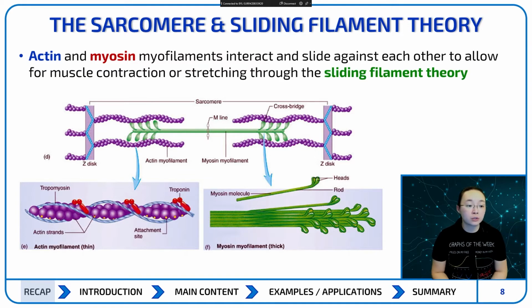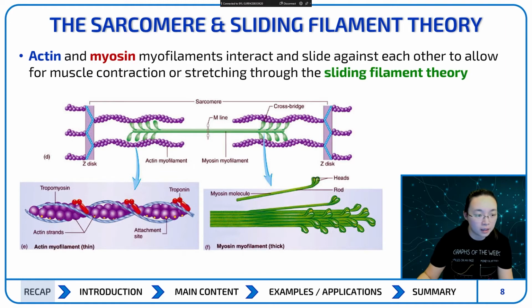But long story short, your sarcomere is the single unit within your muscle fibers and your muscle filaments that helps you contract. So we call that the basic contractile unit of muscle. So there are two myofilaments that make it up. There's actin and there's myosin.